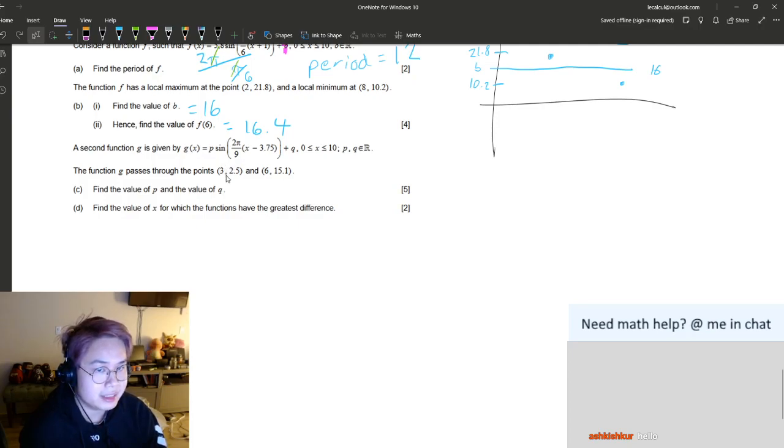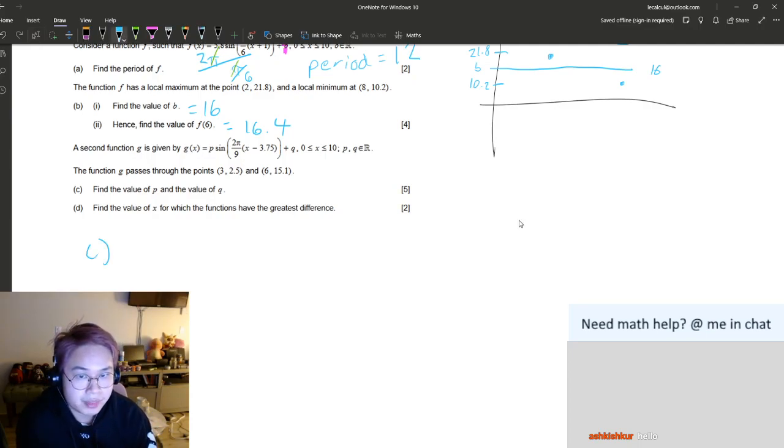Basically, I'm going to plug in these x values, and then this will give you the value of g. And then I'll have two equations in terms of p and q. And then you can do whatever you want to try to solve them. So let me just do that right now. First off, I'm going to plug in 3 and 2.5 into my function.